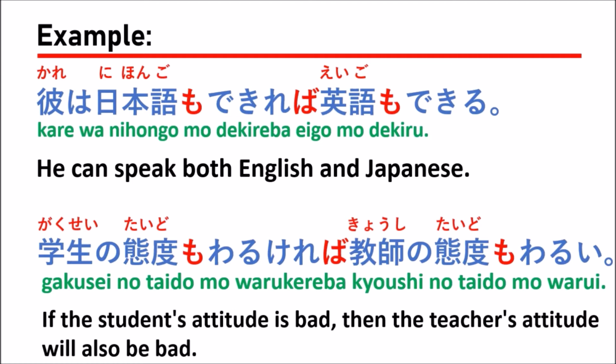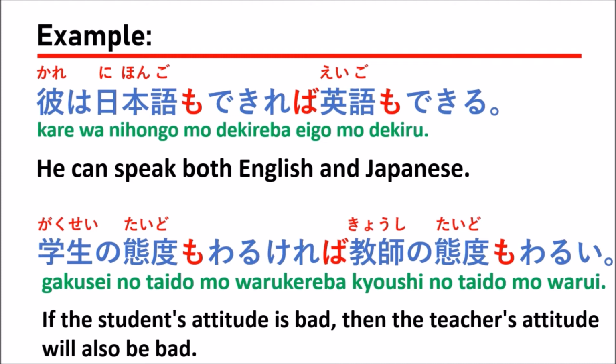For the second sentence, 学生の態度も悪ければ教師の態度も悪い。The first noun is 学生の態度 and the second noun is 教師の態度, and in this second sentence we use the adjective, right? The adjective in here is warui.